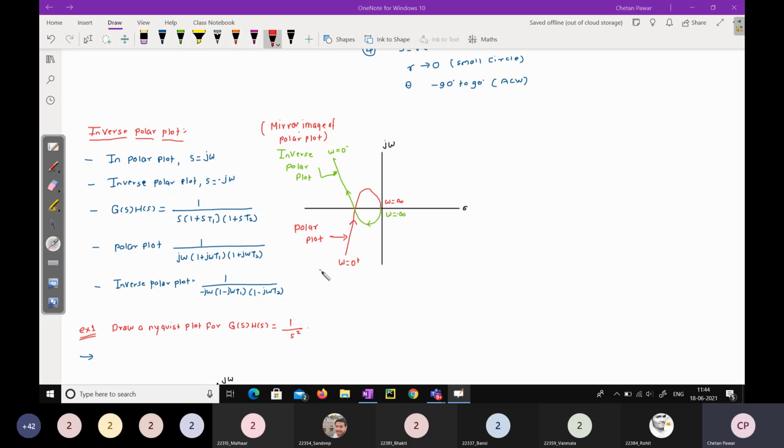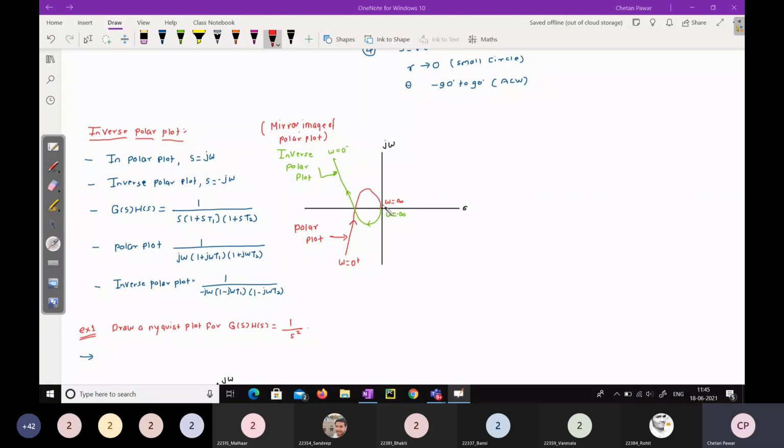Okay, so that's why if you draw the polar plot this way, this red color plot is a polar plot, when you vary omega from 0 to infinity. So this plot will be like this, and the inverse polar plot will be the mirror image of it. Here we are varying omega from minus infinity to 0.